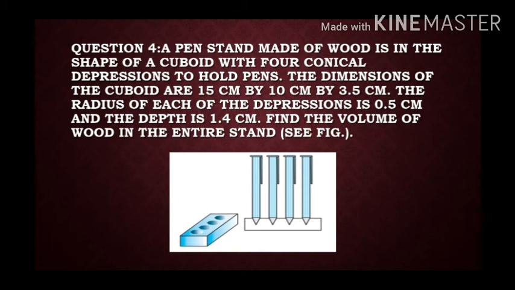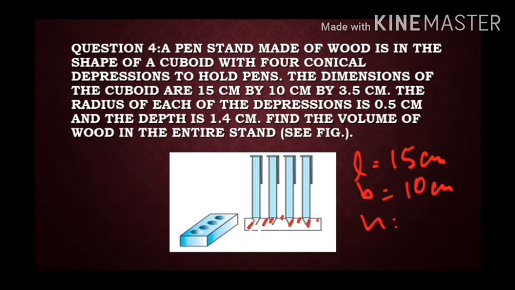That is the length, breadth and height of this cuboidal shape, already given. Length is equal to 15 centimeter, breadth is equal to 10 centimeter, height is equal to 3.5 centimeter.